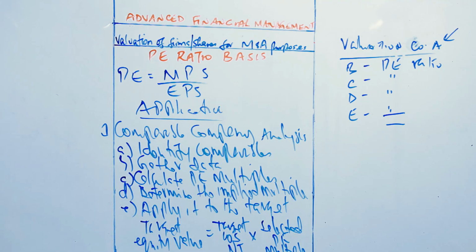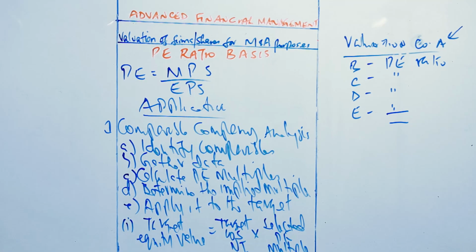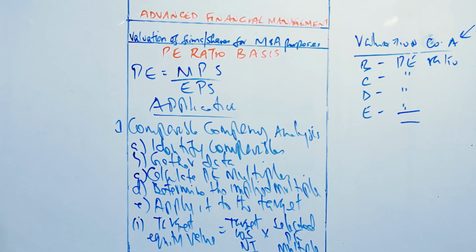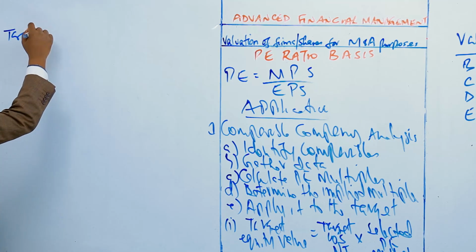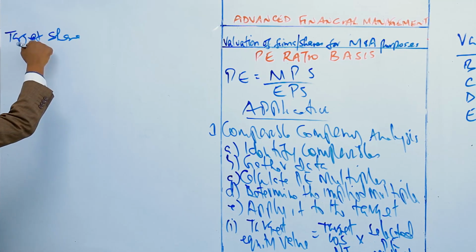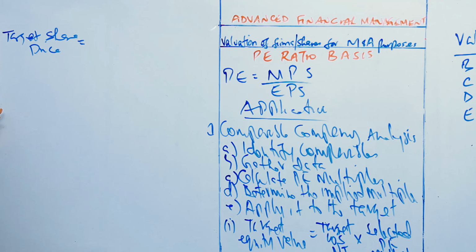Now to get the target share price, to calculate the target share price, candidates, you get the product of the target company's EPS times the selected PE ratio.